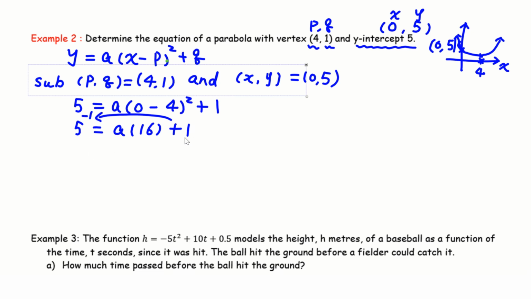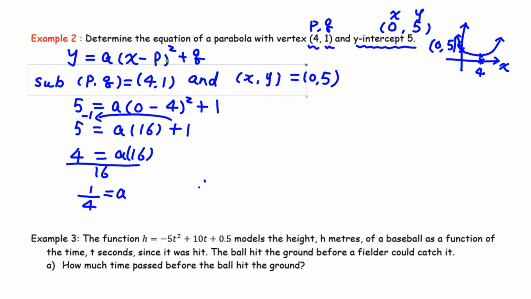So minus 1, the opposite operation: 4 = a times 16. Then we bring the 16 to the other side. This is multiplication, so it will be division. So a = 4/16. Both can be divided by 4, so a = 1/4.